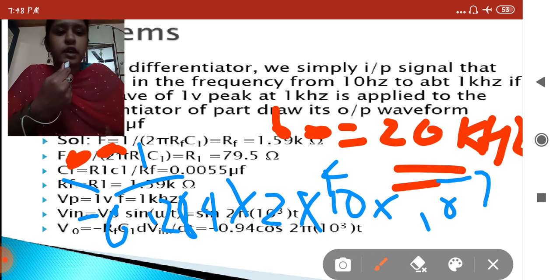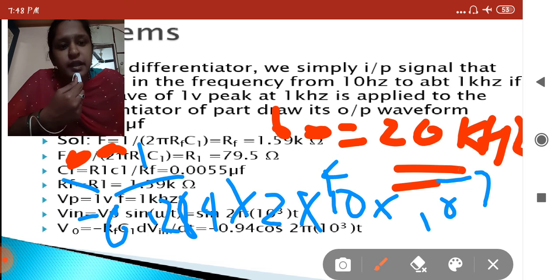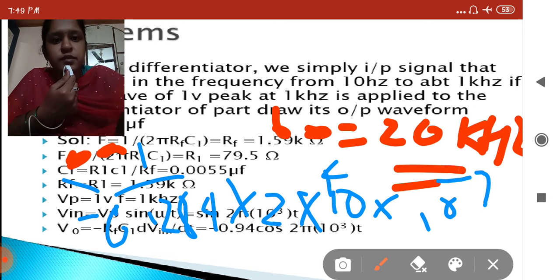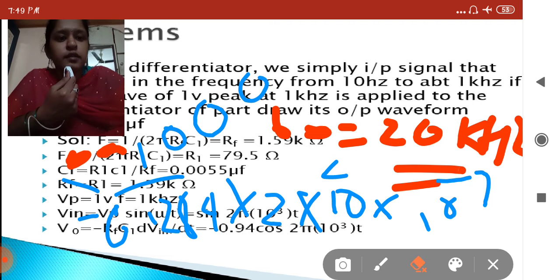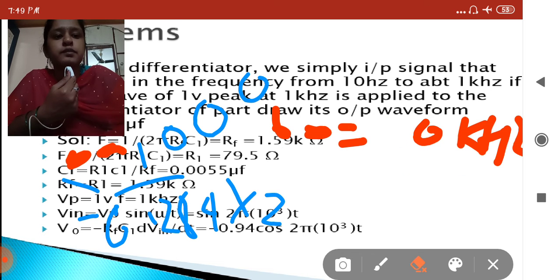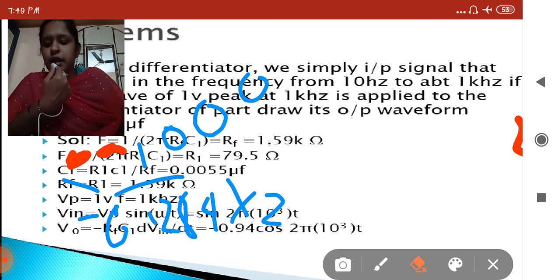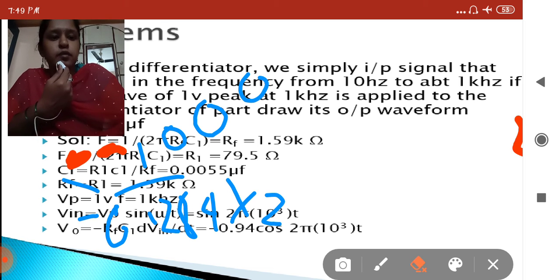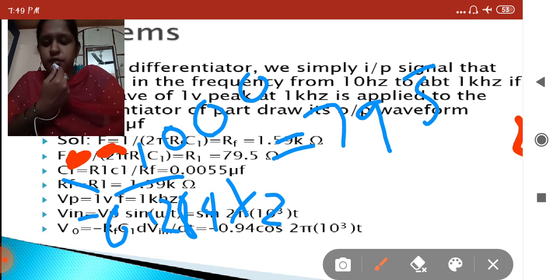With minus 7 plus 4, it is plus 3, so 1000 comes there. 1000 divided by 2 into 6.284 gives 79.5 ohms.